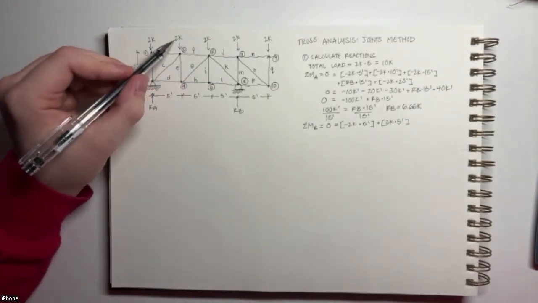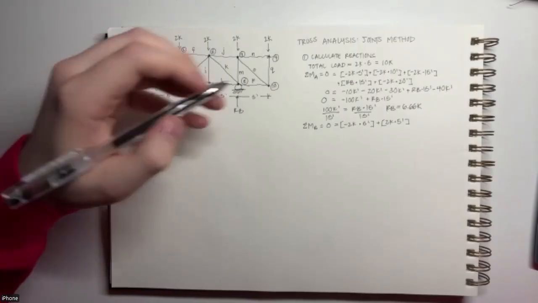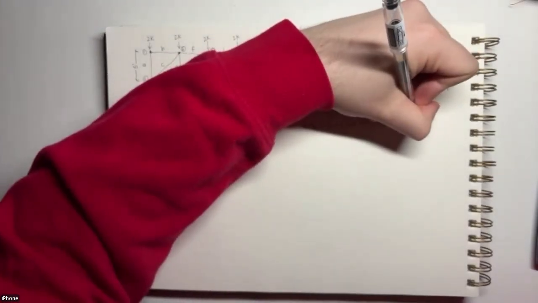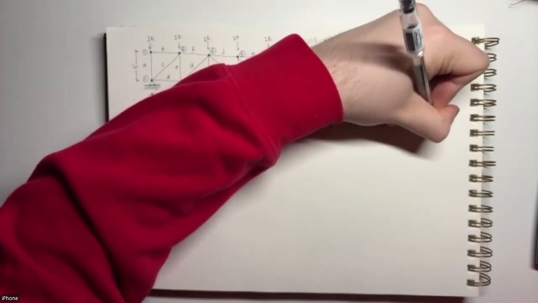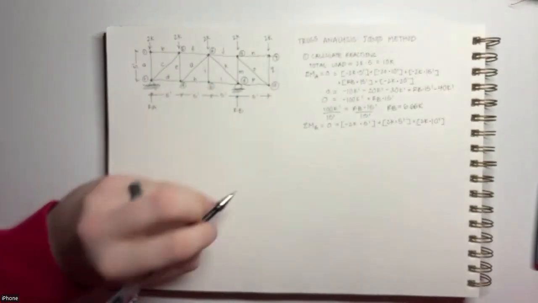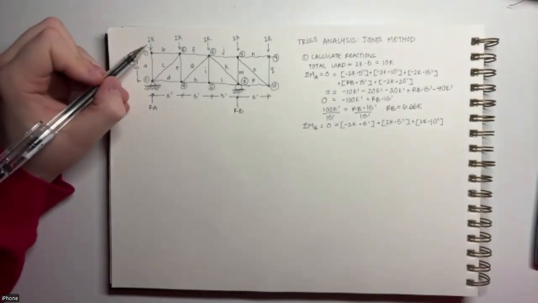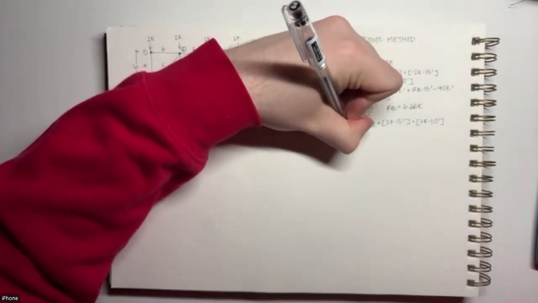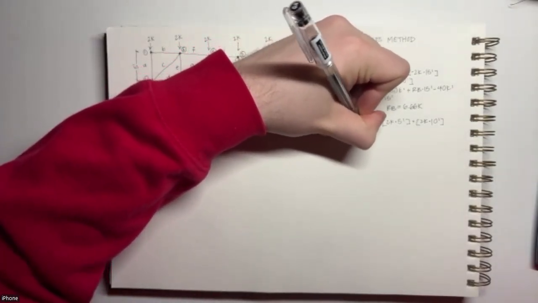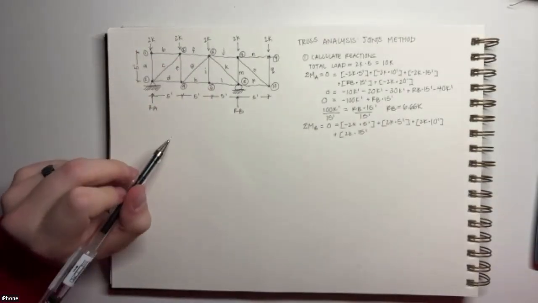Okay, then moving over, there's another 2 kips, and this time it's 10 feet away in the counterclockwise direction. So 2 kips times 10 feet. And then on the end here, got another one, so it's plus 2 kips times 15 feet away.